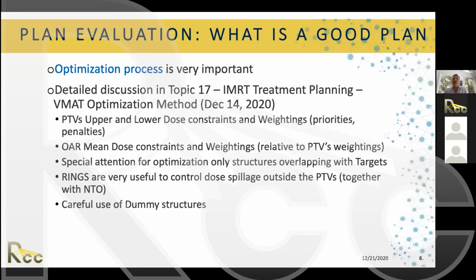You need to make sure the overall coverage makes sense. If I'm applying the ALARA principle, which is as low as reasonably achievable, for the structures that you can, because you never know, the patient might come back. So the lower the dose you give to certain structures, the better. And that will give you the answer if it's a good plan.